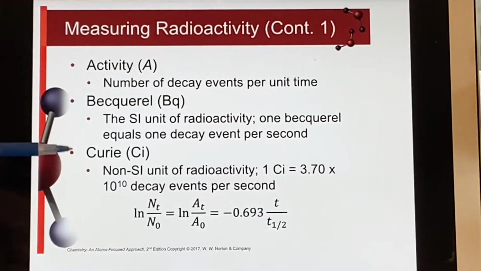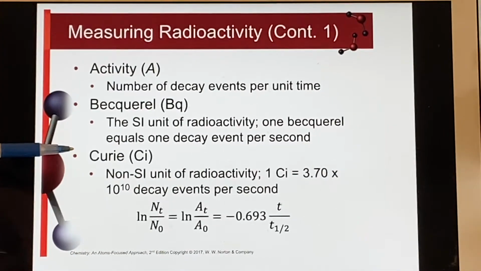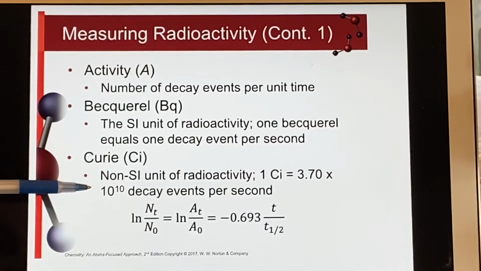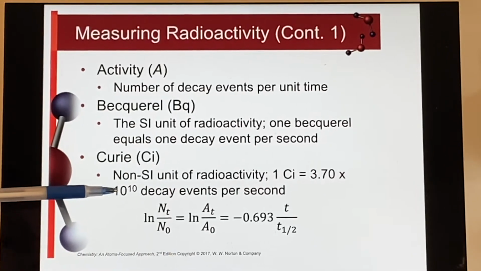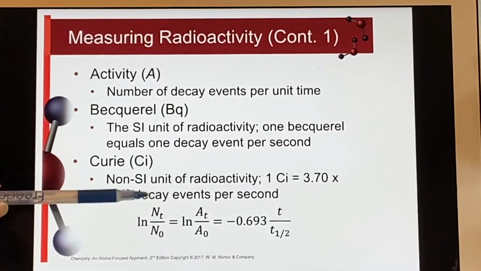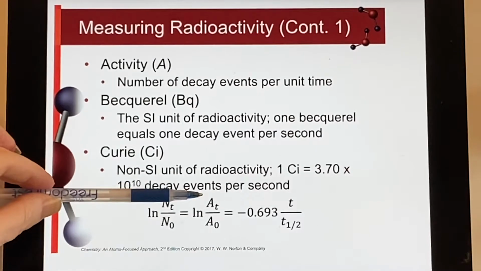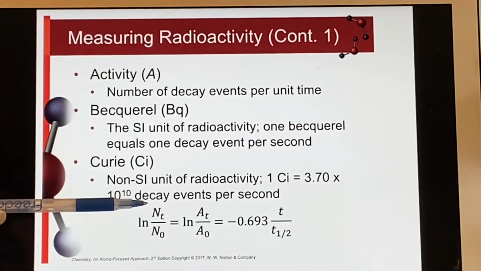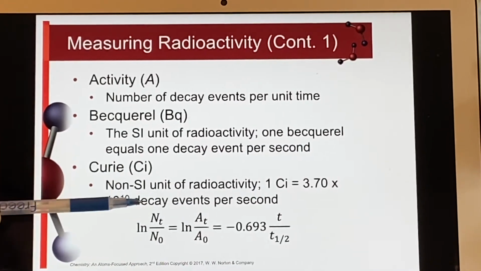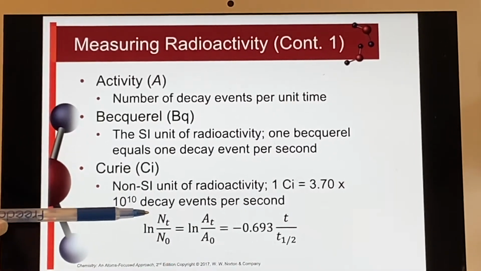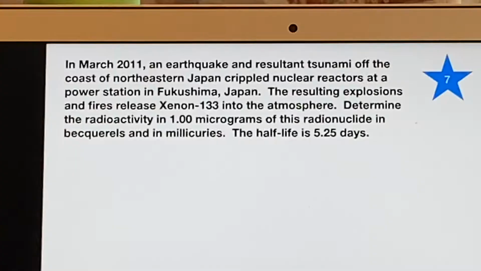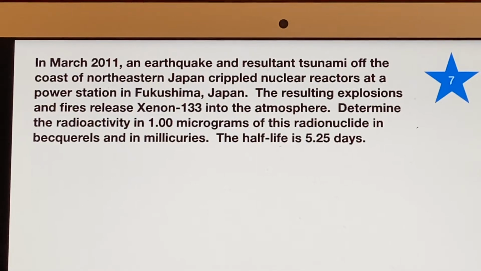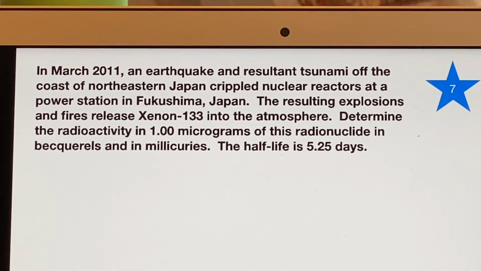So the non-standard unit of radioactivity is called the curie, and it is actually over 10 to the 10th decay events per second. The amount of stuff is going to affect the activity. And so the same sort of equations can be used for activity as are used for the amount of the substance that is decaying. So there was Fukushima in Japan, and that was pretty nasty.